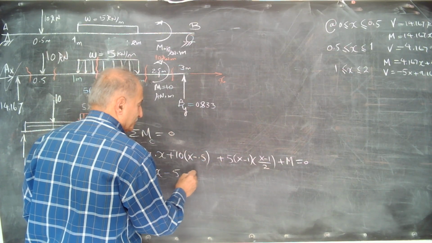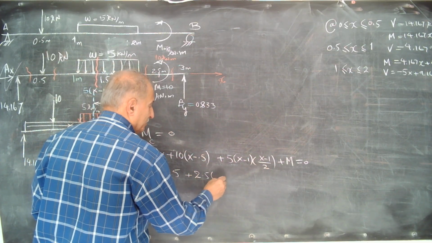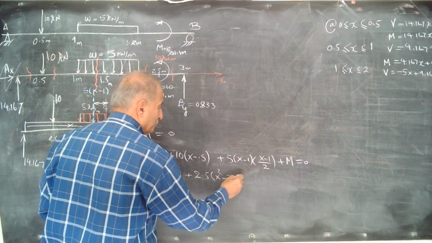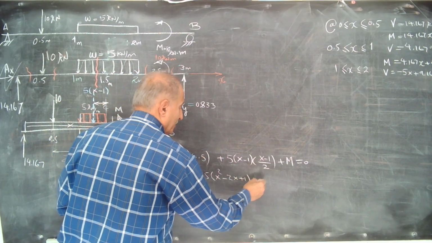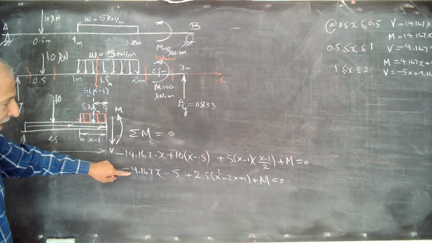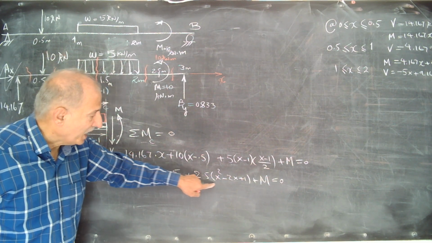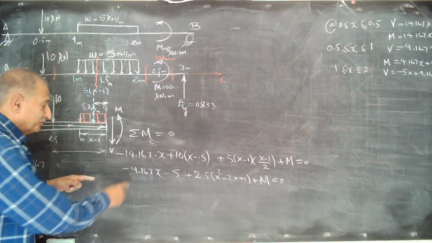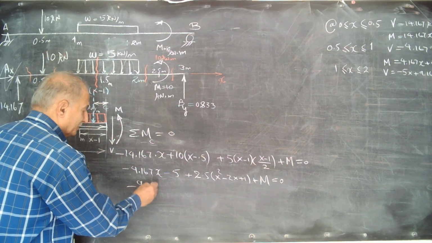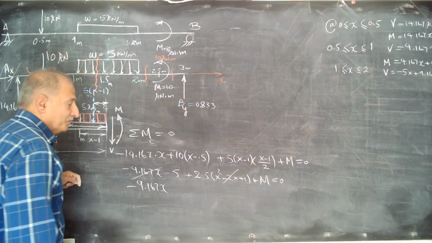Here is plus 5 over 2, which is 2.5, times x squared minus 2x plus 1, plus m equal to 0. Then, again, here I have 2.5 times minus 2x is minus 5x, plus this minus 9.167x. Okay, I cancel out this 2.